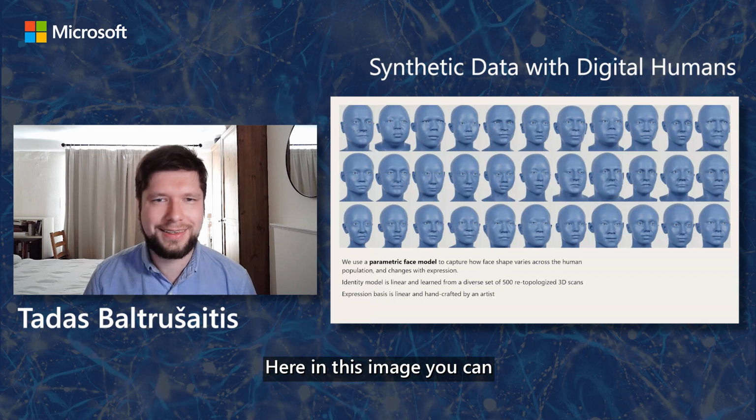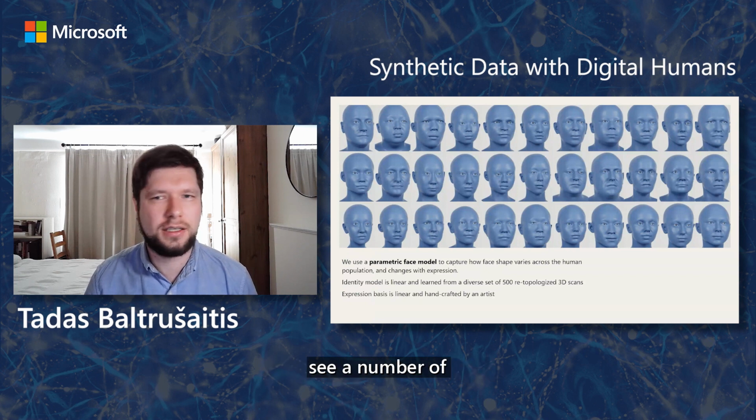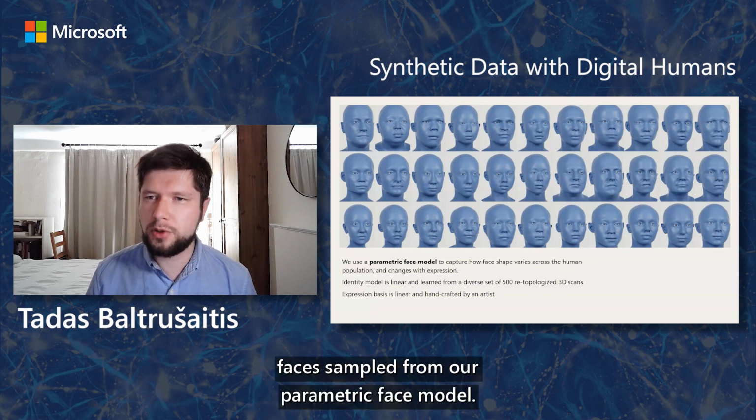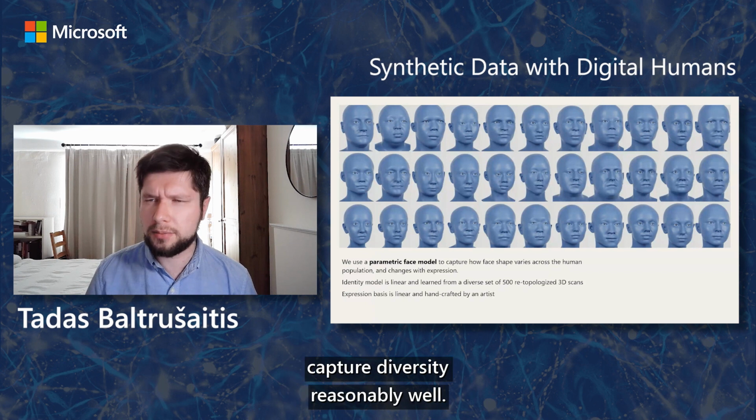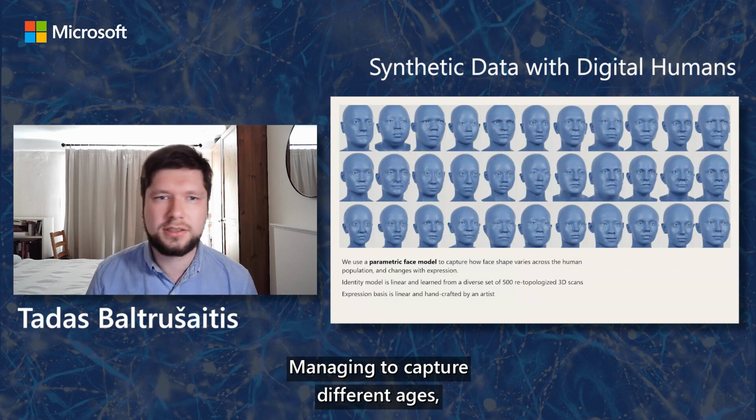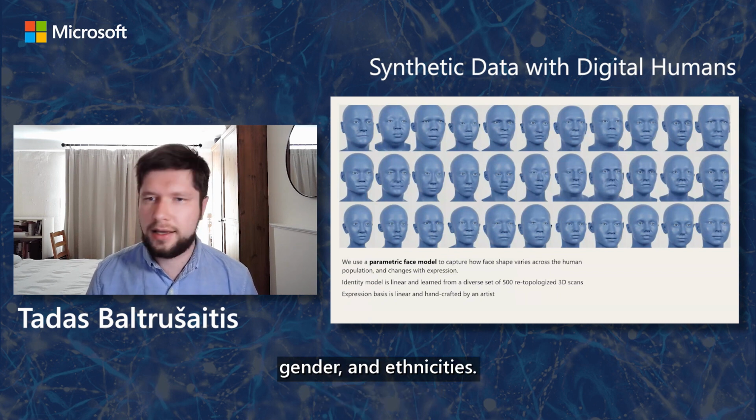And here in this image, you can see a number of faces sampled from our parametric face model. So none of these people actually exist. And you can see that our model manages to capture diversity reasonably well, managing to capture different ages, gender, and ethnicities.